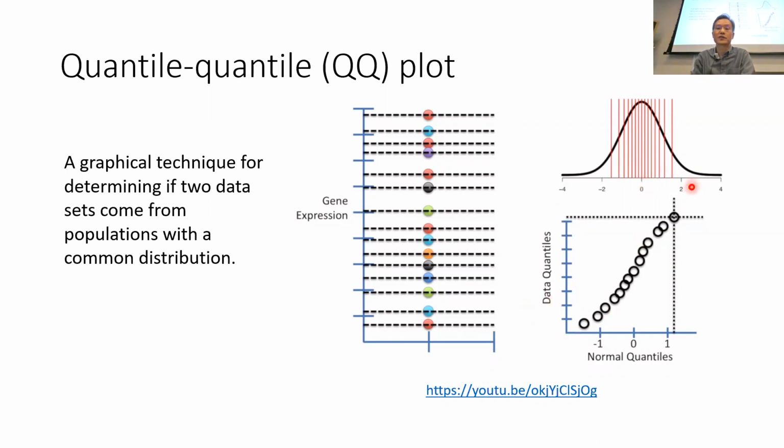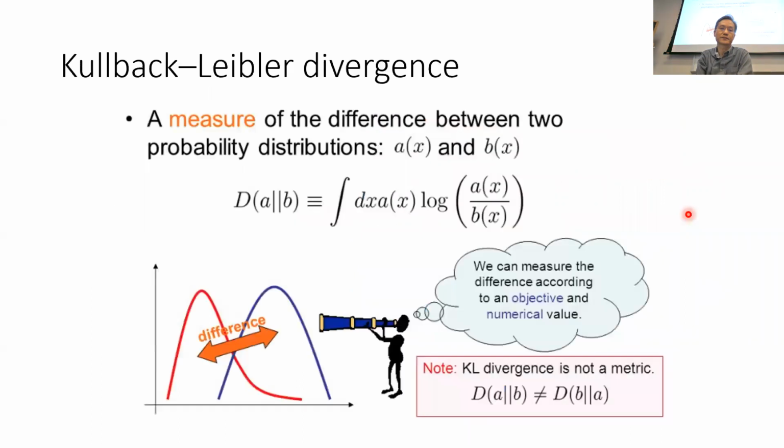So in that case, you will get a QQ plot. Normally, we use a QQ plot to compare two distributions. If the two distributions are the same, it doesn't matter the absolute values, then you have a straight line, because the quantiles are matched onto each other. You don't have a quick jump in one distribution compared to another. Otherwise, you will see the points off the diagonal line over there.